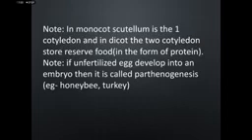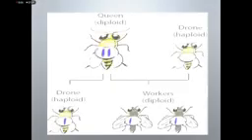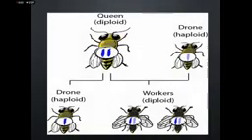If an unfertilized egg develops into an embryo, then it is called parthenogenesis. Examples are honeybee and turkey, etc. In the case of honeybee, the queen is diploid and a drone is haploid.